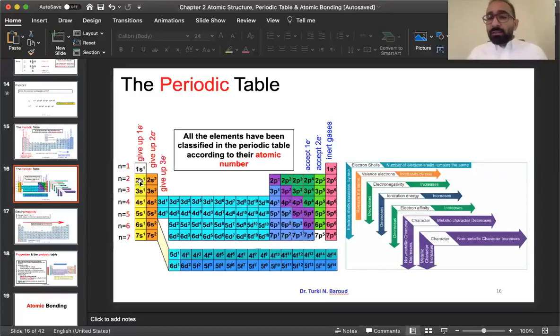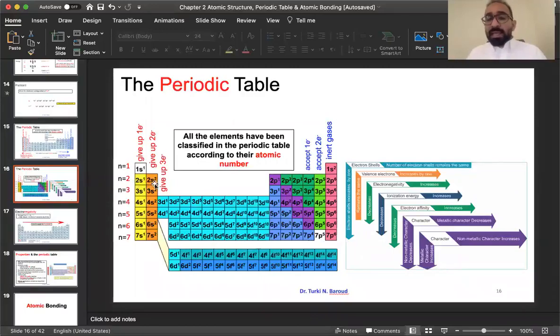If that atom is able to get rid of that electron, it will have the electronic configuration of the element over here. So that means 2s1, if it gets rid of the 2s1, it's going to be left with 1s2, right? So it will have the electronic configuration of the inert gas.